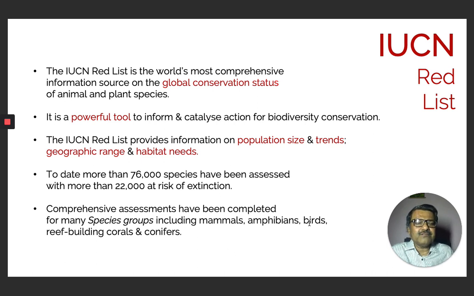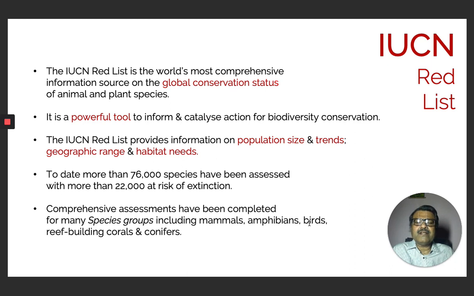Those species may be plant species or animal species. The IUCN Red List is a powerful tool to handle information and catalyze various actions for biodiversity conservation. What biodiversity conservation acts are done, and the information related to them, is available in the Red List.